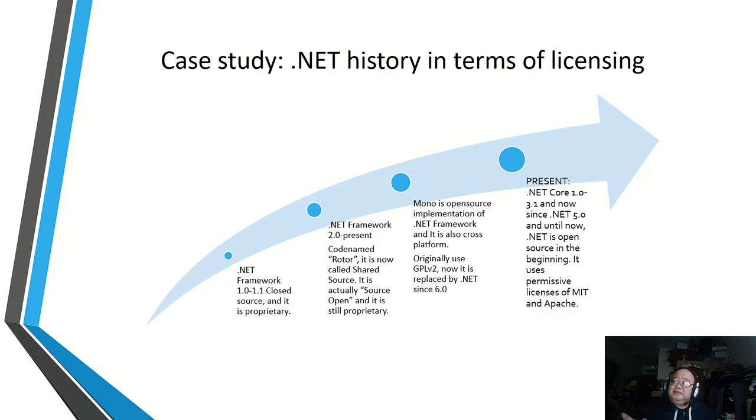Other than that, some components use Apache and some use MIT. But it is fine, because MIT and Apache follow the same model of permissive licenses. So this is just to give you a quick historical background in terms of licensing.